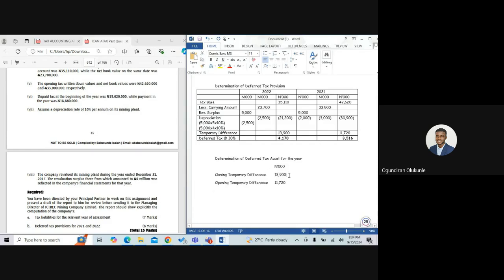If we are talking from the two, what's the difference? 2,180. So we have 2,180. I mean, that's a deductible temporary difference, right? So you now say deferred tax.